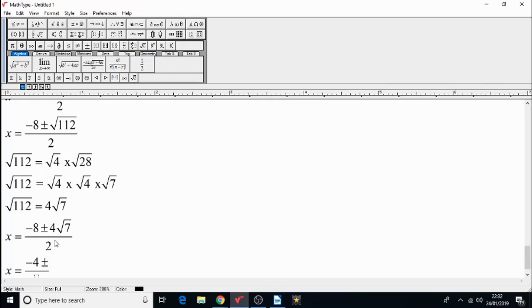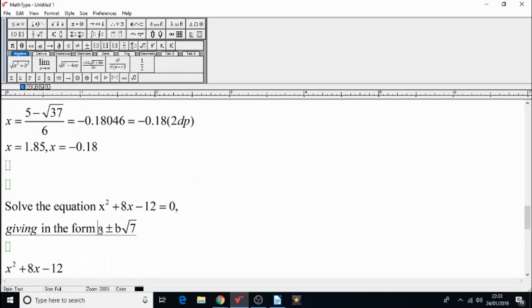So 4 divided by 2, we don't need a fraction. Apologies for that. It'll be minus 4 plus or minus 2 root 7.